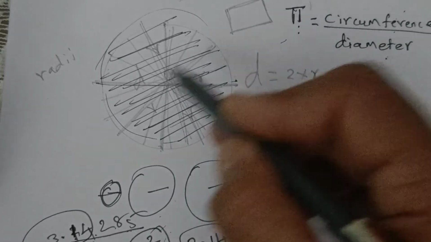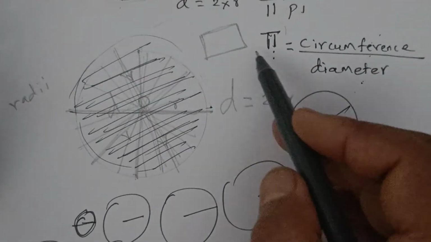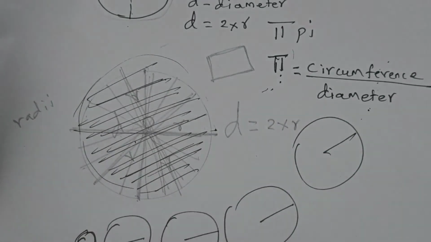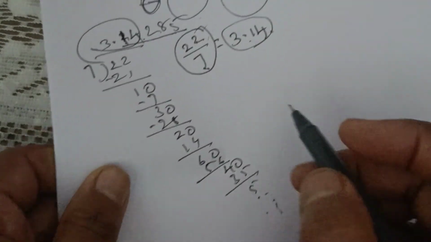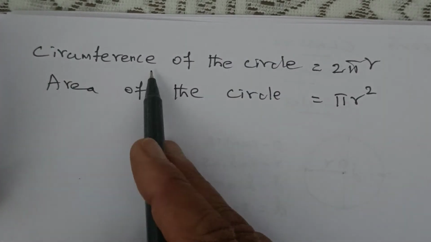The space occupied within that boundary line is area. So using this pi value, we will be finding the area of the circle and the circumference of the circle. So now let us write the formula for finding the circumference of the circle.